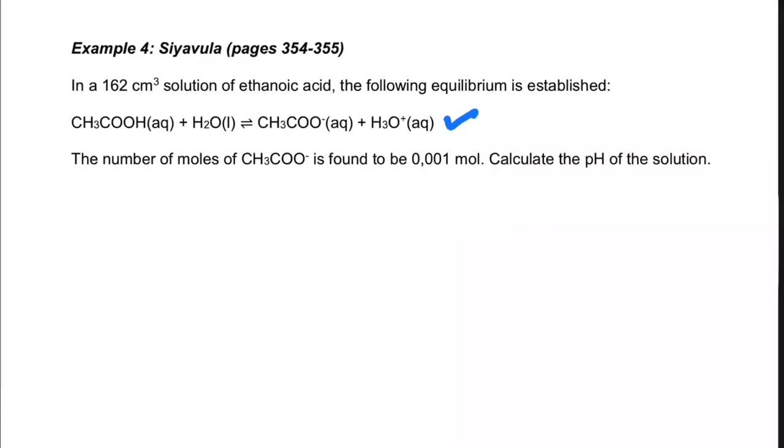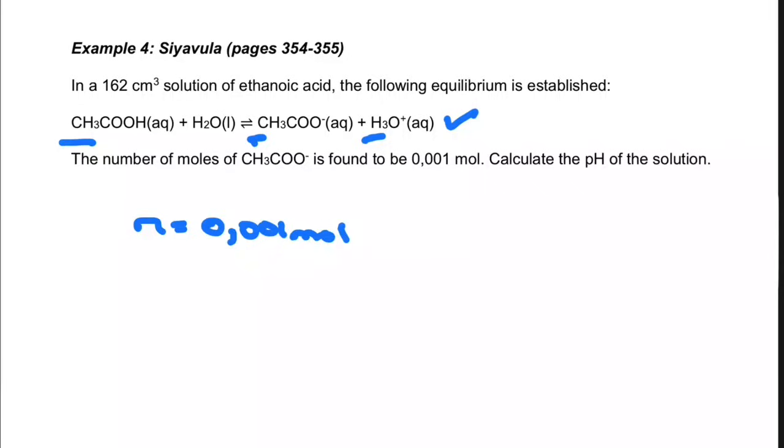The balancing coefficient of CH3COO minus is the same as that of H3O plus, and the balancing coefficient of H3O plus is the same as that of ethanoic acid. So the number of moles of H3O plus and the number of moles of ethanoic acid is equal.